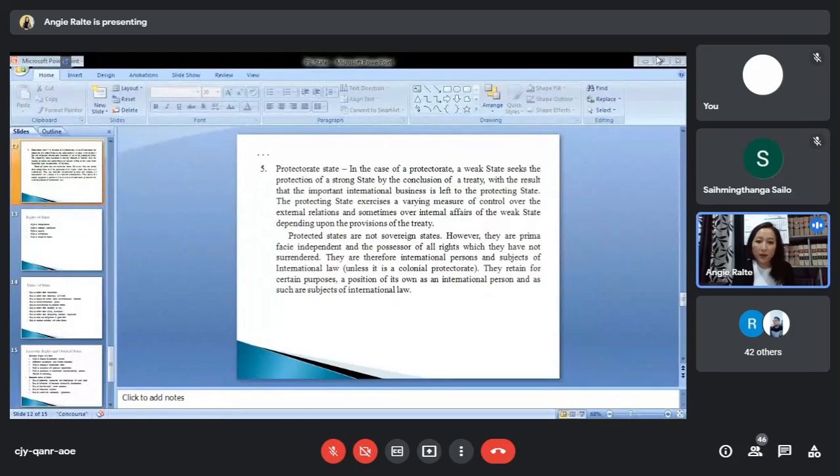Next, a protectorate state. At one point they entrust the matter of defense and external affairs to another state, otherwise it is sovereign, with a separate existence.